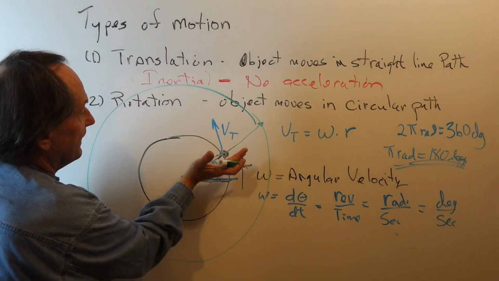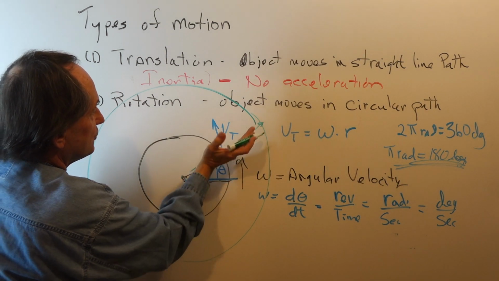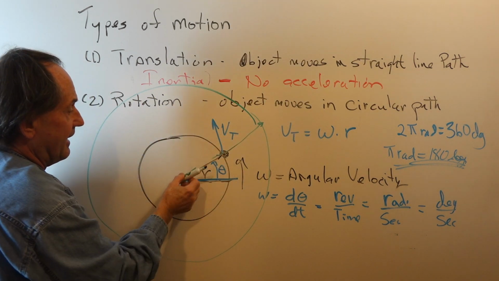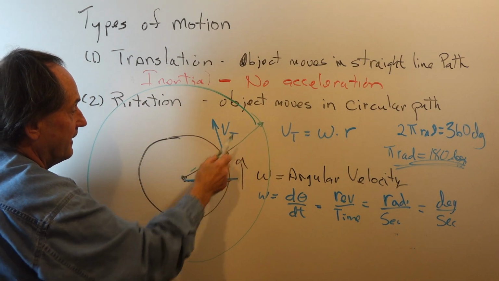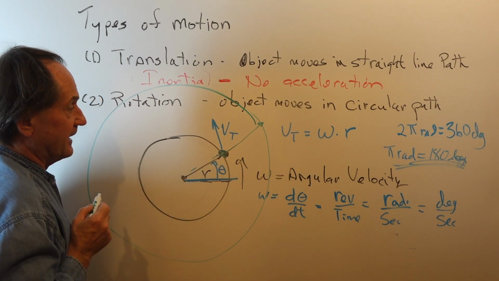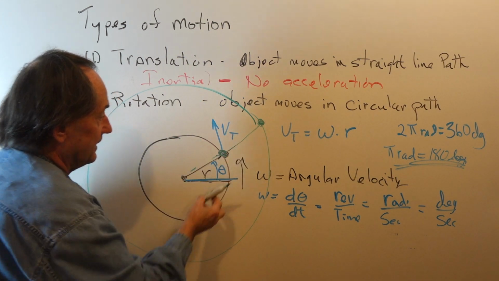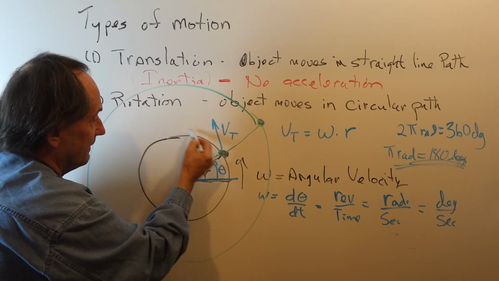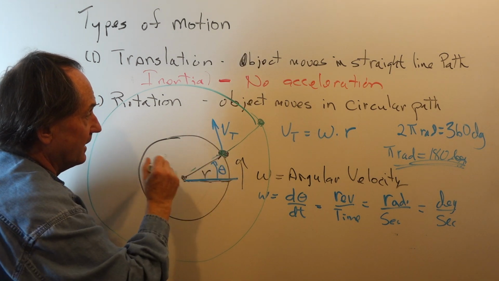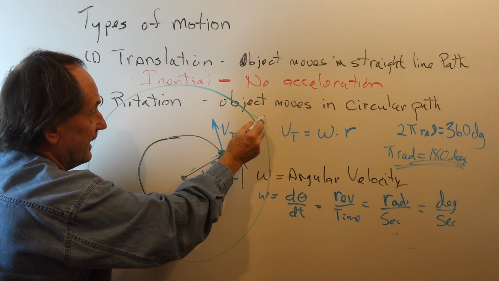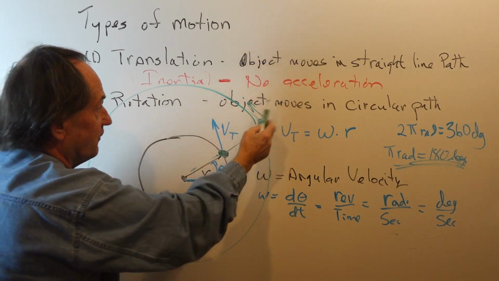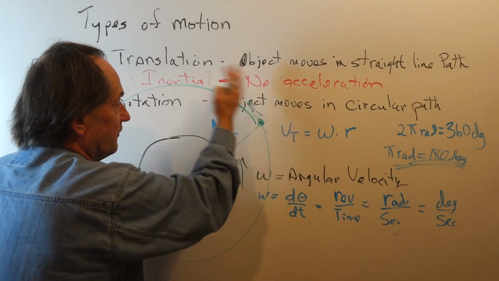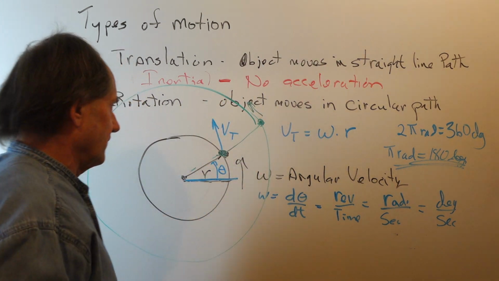You can see that if these two angular measures, say we have a stick sitting out here, and we look at an object at the center of the stick and then one at the end of the stick, as that stick rotates, the velocity tangent at the middle is 1/2 the velocity that it'll be out here. So the tangential velocity depends on the radius. The larger the radius for a given angular velocity, the larger the tangential velocity.